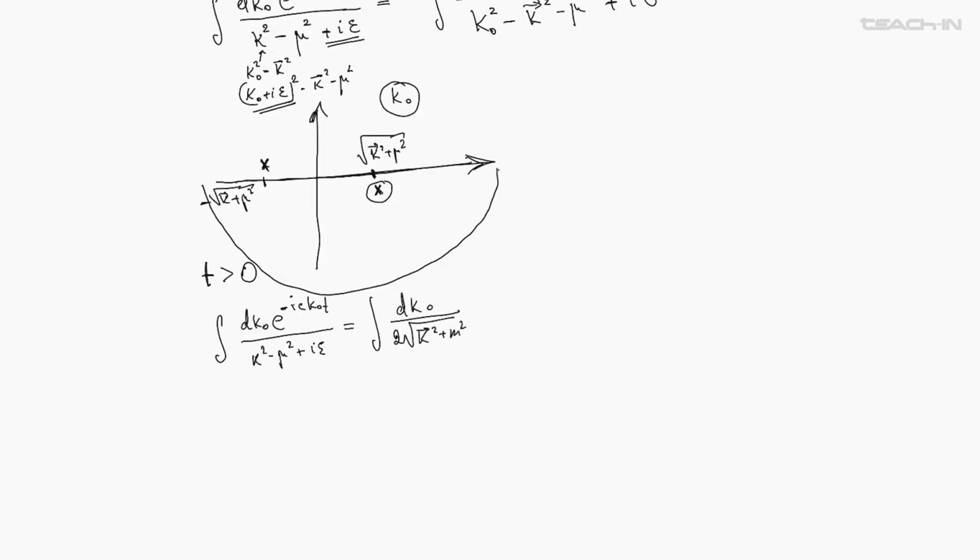So again, I will not have enough space here, but I will write it here. So you will get exponential minus I c k0 t divided by k0 minus square root of k squared plus mu squared plus I epsilon, minus exponential minus I c k0 t divided by k0 plus square root, minus I epsilon, like this.